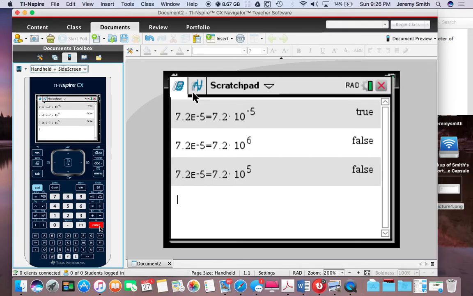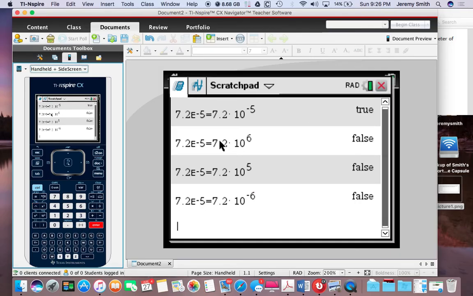And I see that that one is false as well. Last one, equal to 7.2 times 10 to the -6th power. So all the last three are false because they're not equivalent. The first one is correct, and that's what I was speaking on earlier.